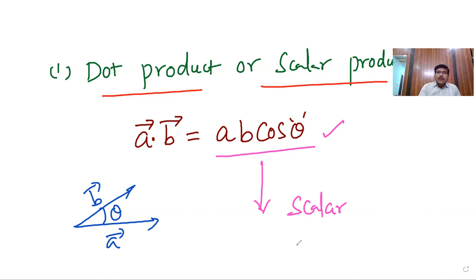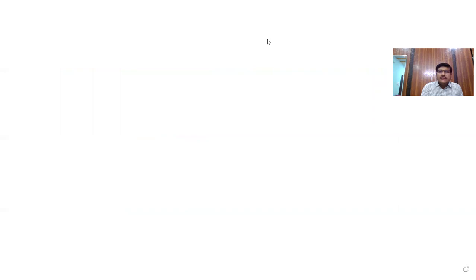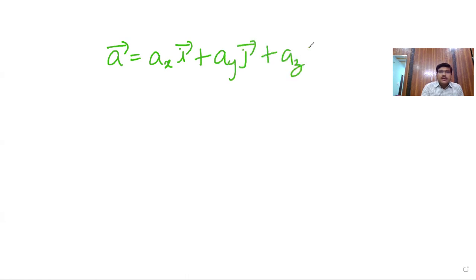Clear? And remember, if two vectors are given, let us say the first vector is a bar equals ax i bar plus ay j bar plus az k bar, where i, j, k are the unit vectors along x, y, z directions.